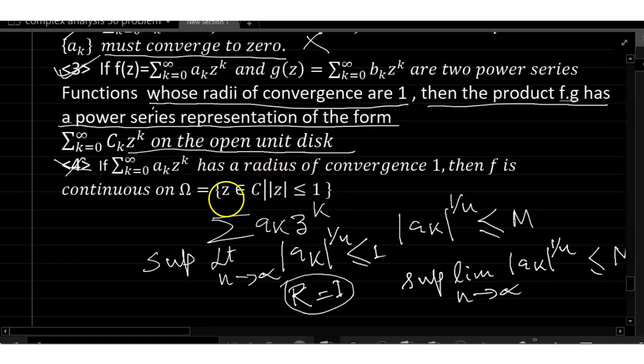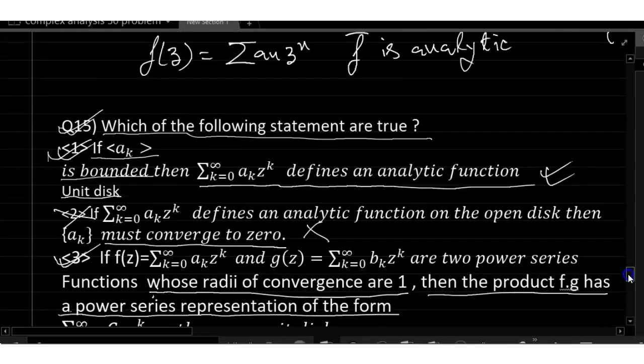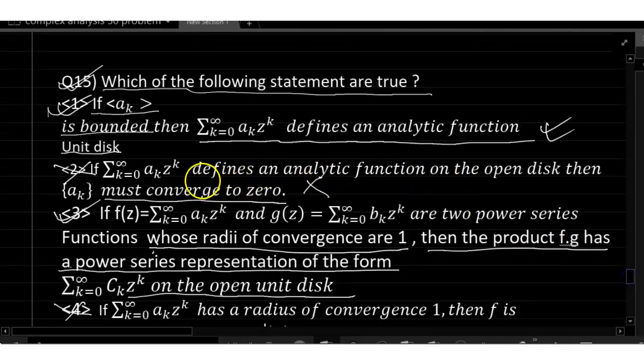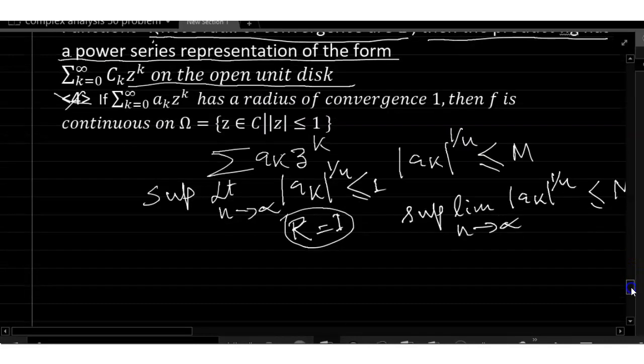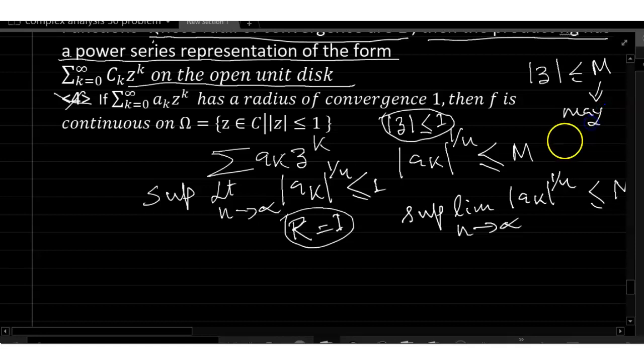I have already proved that if it defines analytic functions and is bounded, then it is an analytic function. So bounded means mod of z is less than or equal to M. M may be any integer, may be any number. So how is it possible only for this option?